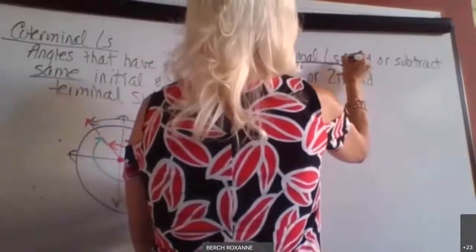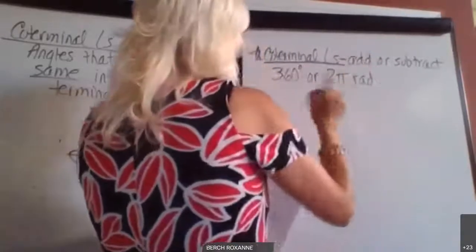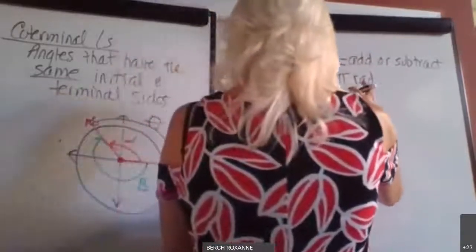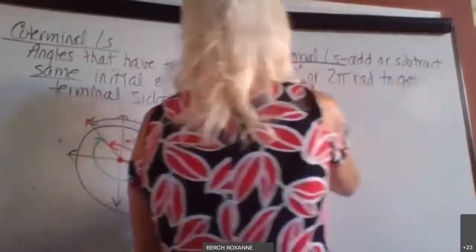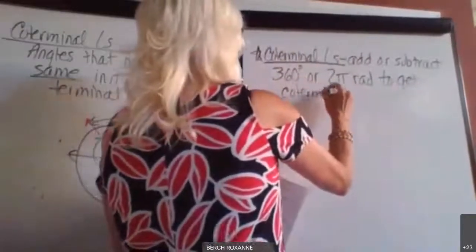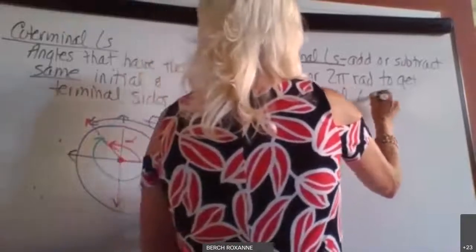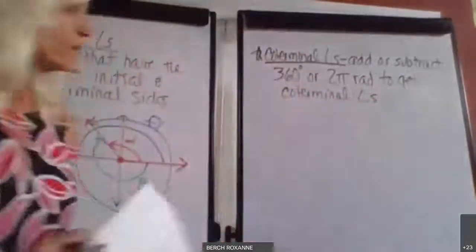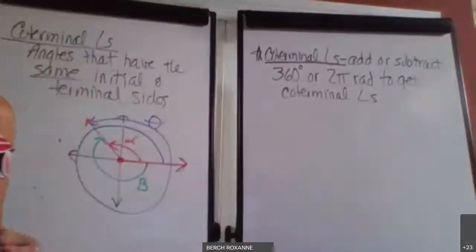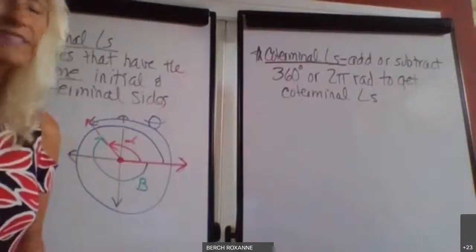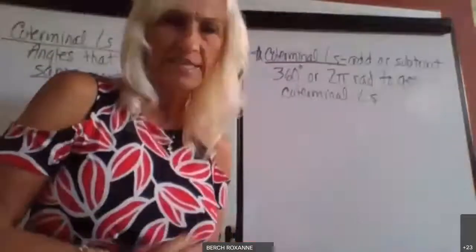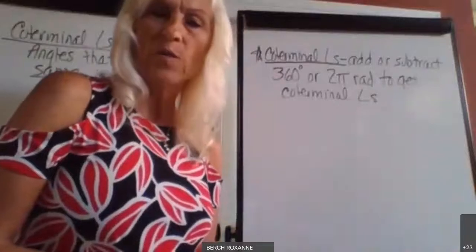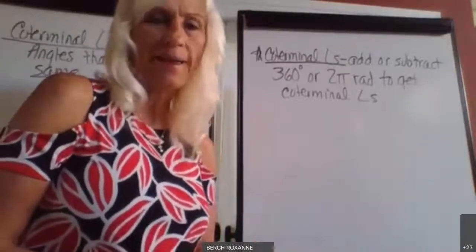You're going to add or subtract 360 or 2 pi radians to get coterminal angles. So this is how we do it mathematically: if we want coterminal angles, you can just add or subtract 360, or if you're working in radians, you can add or subtract 2 pi.